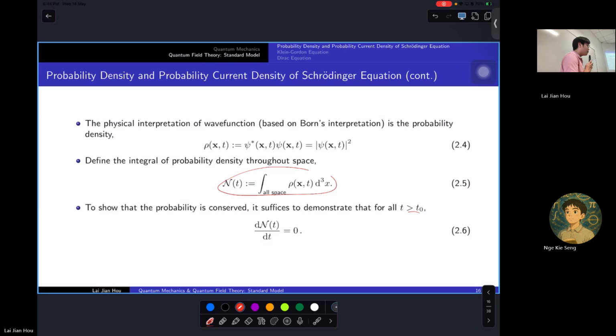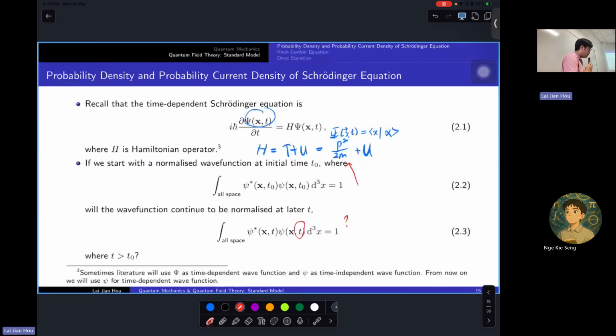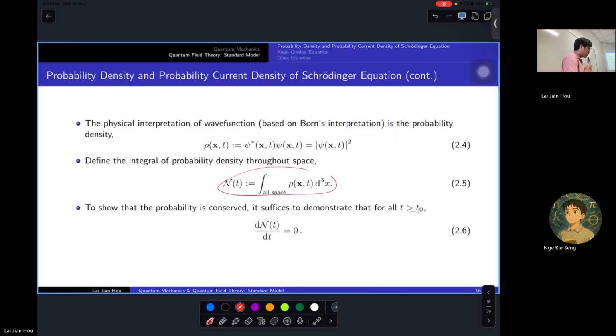So the rate of change of N with respect to t, dN over dt, should equal 0. This is not necessarily true.